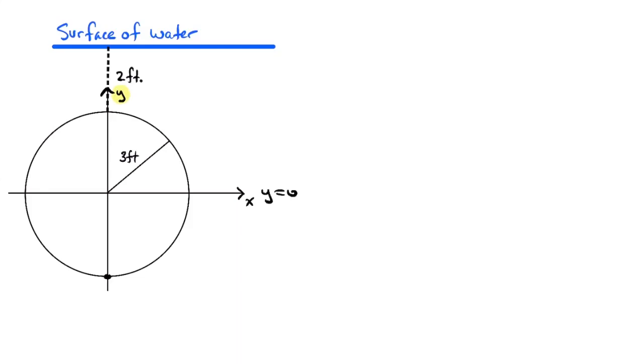Since the circle has radius 3, the lowest point is Y equals -3. The highest point is Y equals 3. And if that point is 2 feet below the surface of the water, the surface must have coordinate Y equals 5, right? It's 2 units above 3. And here we're working in feet. Okay, so that's just orienting ourselves.